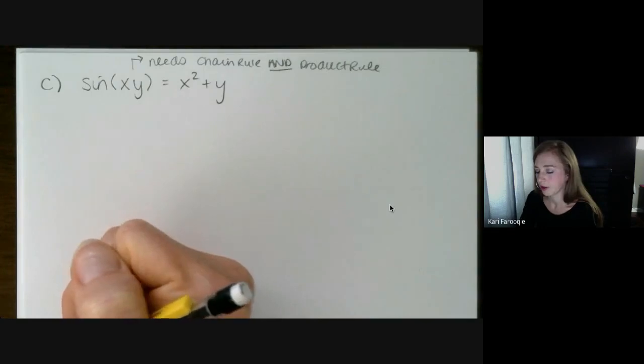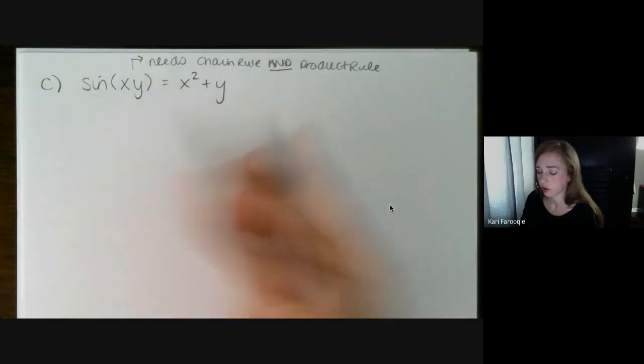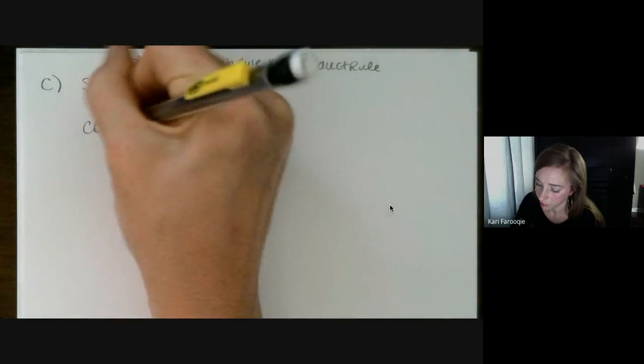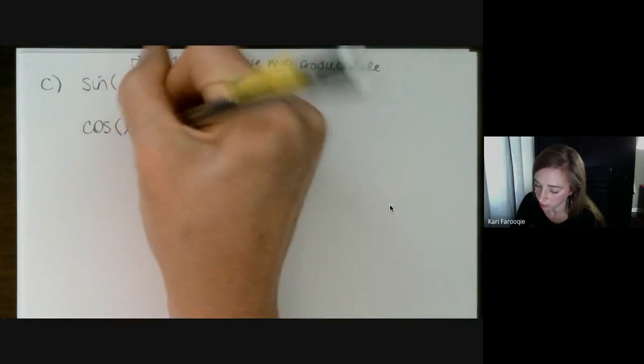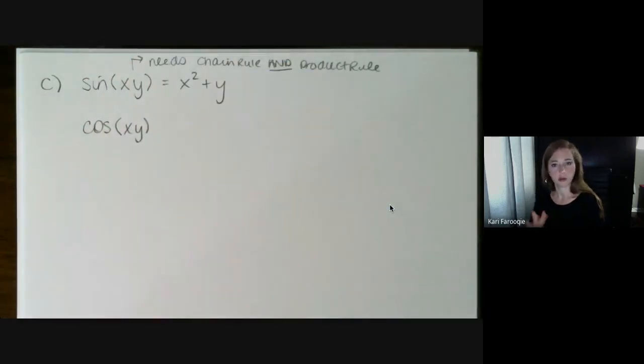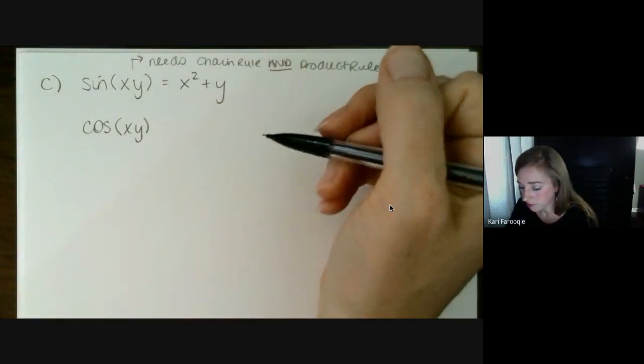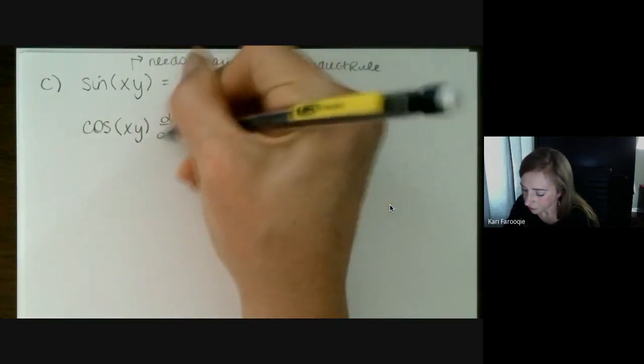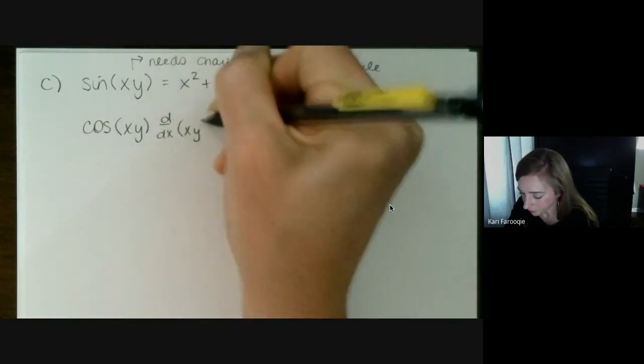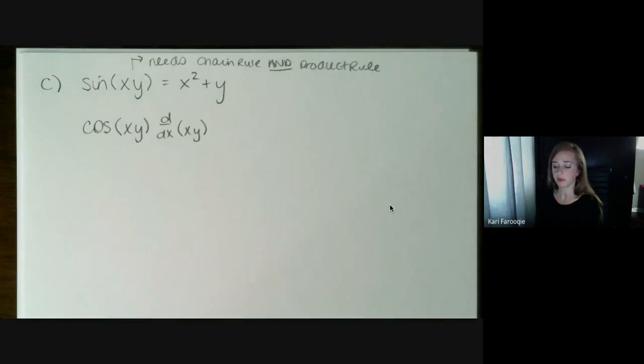So the derivative of sine x is cosine x. So we're going to take cosine and just rewrite the inside function like nothing happened. But then we need to multiply by the derivative of the inside function, which is going to be this guy. I'll do that in the next step.